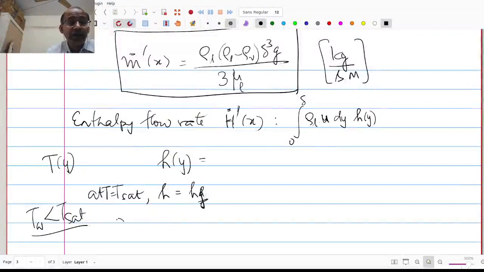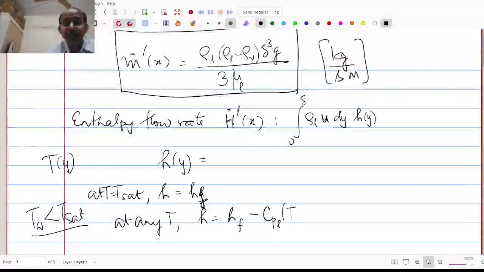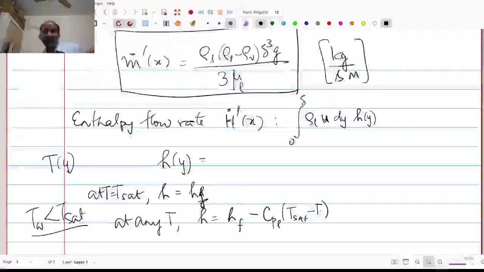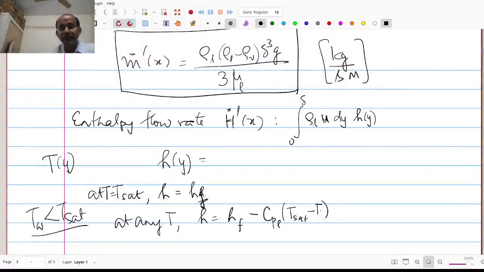So at any T, the h will be equal to h_f minus Cp liquid times (T sat minus T). Correct? If T sat minus T is 0, then it will be equal to h_f, and if T sat minus T is greater than 0, then h will be less than h_f.